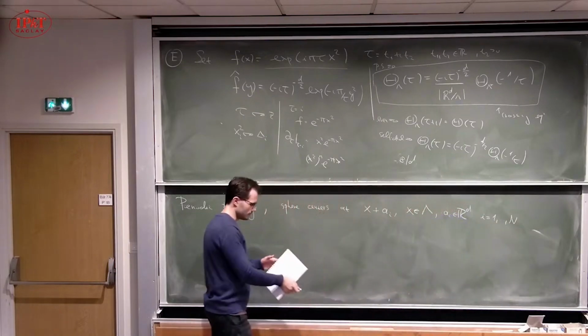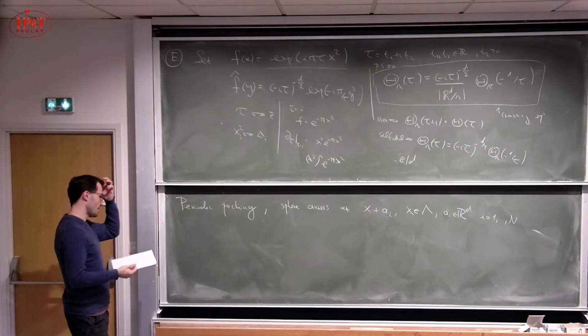So this is a packing with period lambda with n vectors per unit cell.